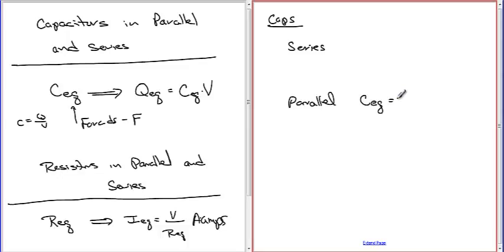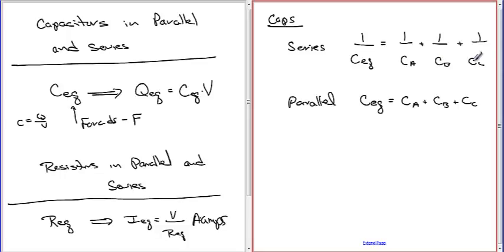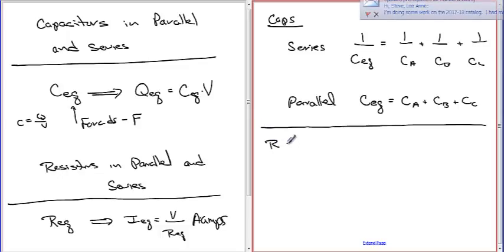For capacitors in parallel, you just add the capacitances together of the different capacitors. For series, you say 1 over the equivalent capacitance is equal to the sum of 1 over the individual capacitances. Like that. Okay, so that's capacitance.